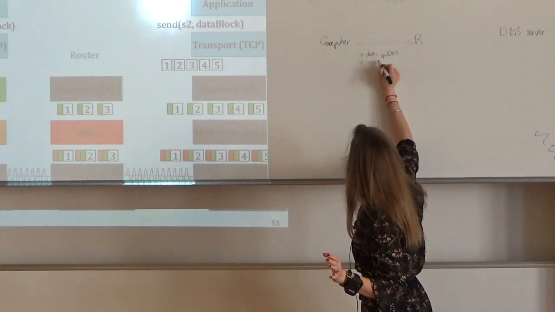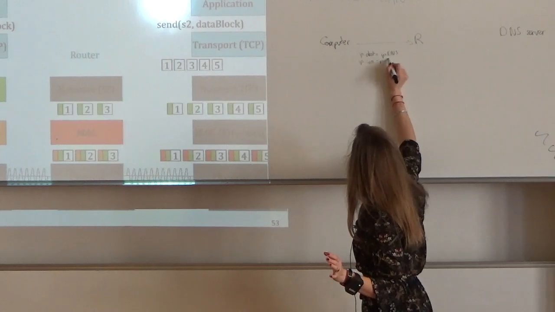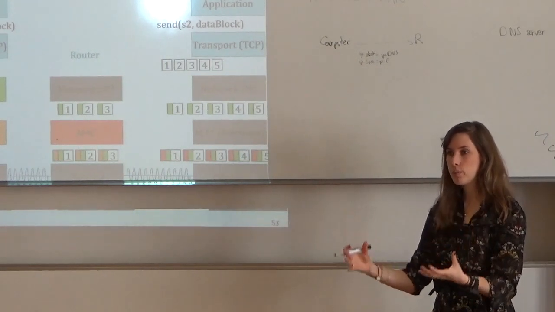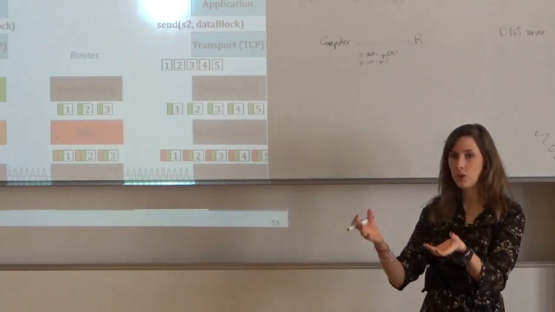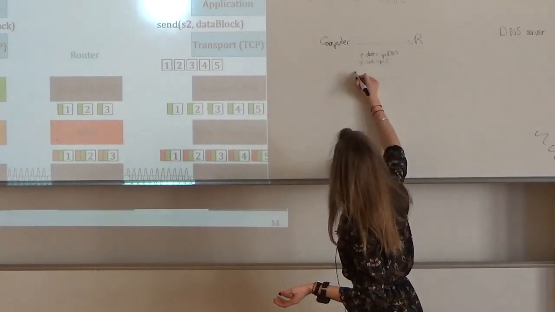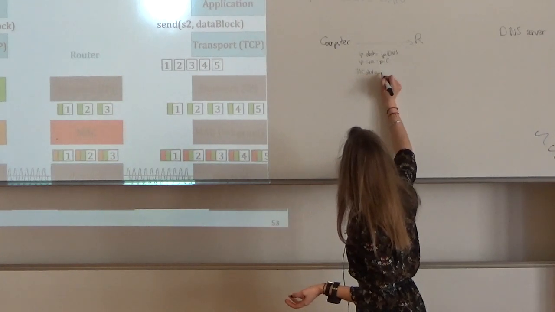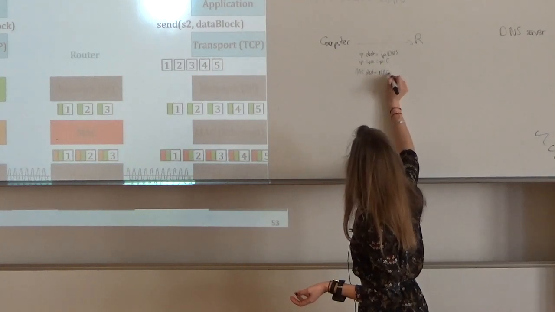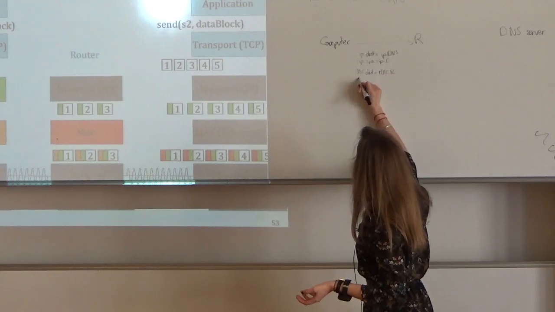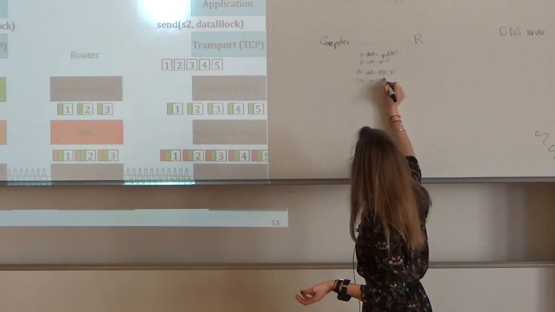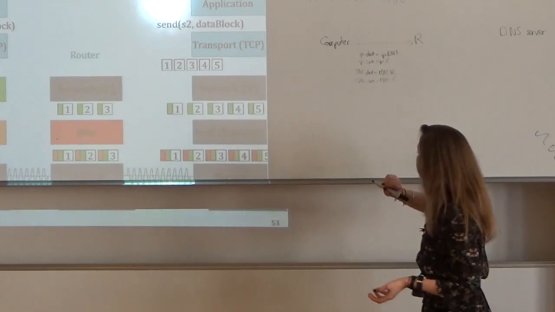So IP source is IP of the computer. And then to do this, first it needs to go through the router, which is your gateway. So the MAC destination at this point will be the MAC of the router, and the MAC source will be the MAC of the computer.